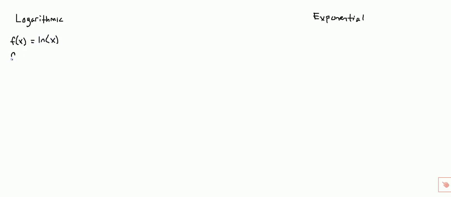Then the derivative is 1 over x. Okay, so let's look at a graph of ln of x.